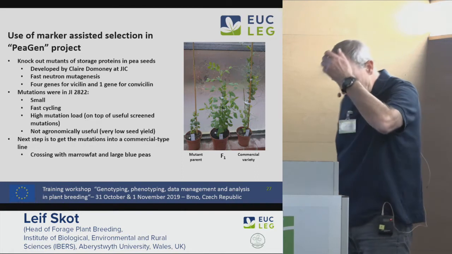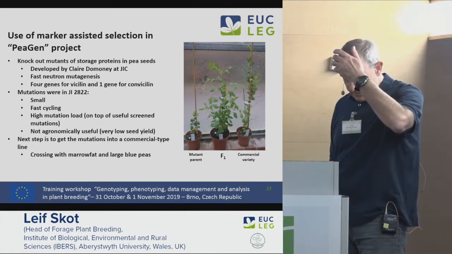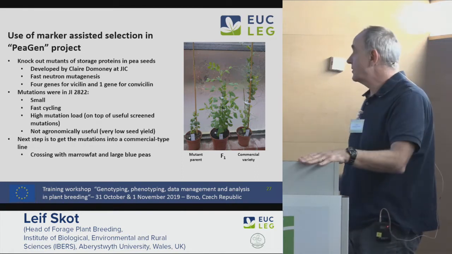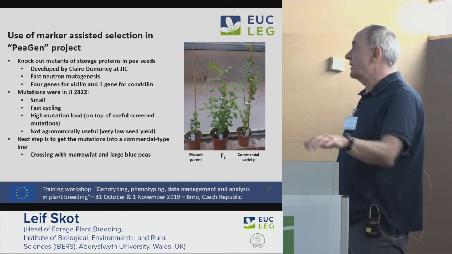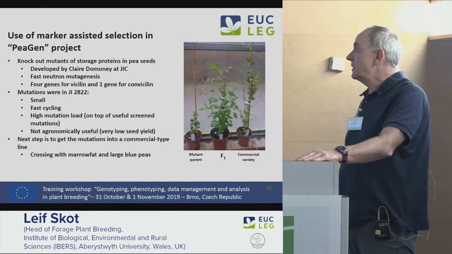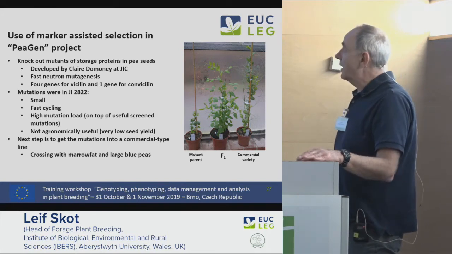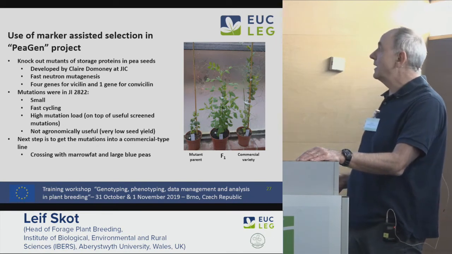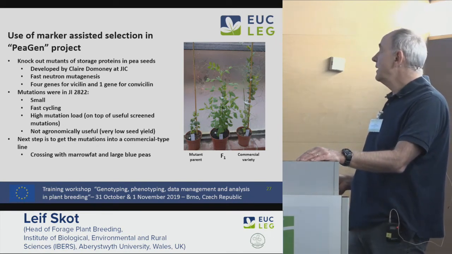Then I'll go on to another example, which is concerned with peas, and that's a nice project called PGene that David Lloyd is involved with, in collaboration with people from John Innes Center, particularly Claire Dominey.